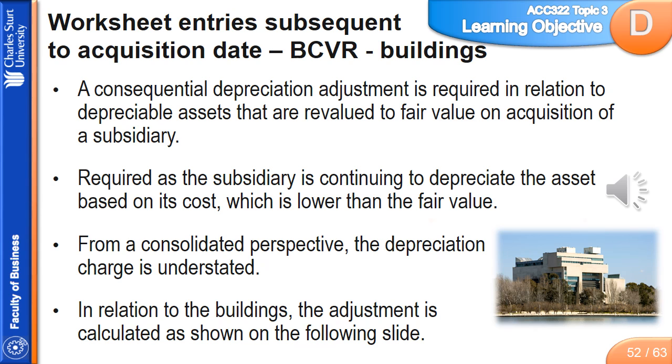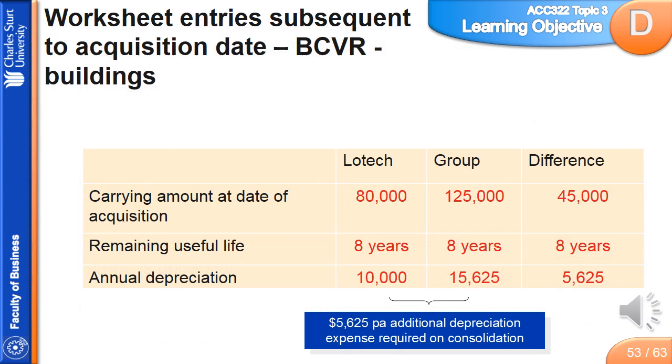So from a consolidated point of view, the depreciation in the subsidiary's accounts is understated because they're only depreciating at their cost. So we'll need to perform some additional depreciation entries to account for the extra depreciation that should be charged based on this increase we have placed on the value of their buildings to fair value.